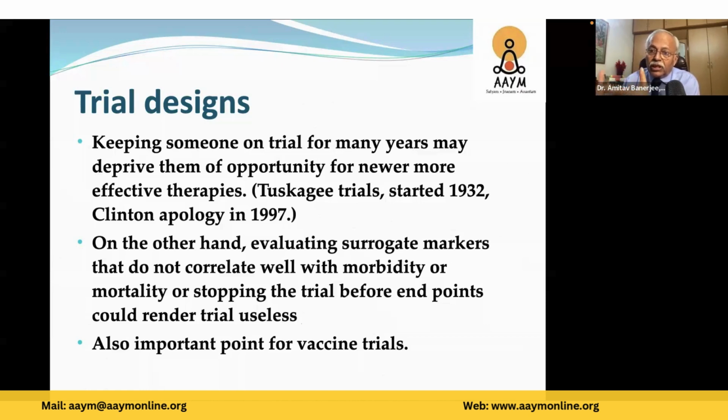So you conclude that this intervention is good and give it to a large population. In hindsight, you may find it unethical when subsequent events bring out that sometimes the surrogate markers can mislead.